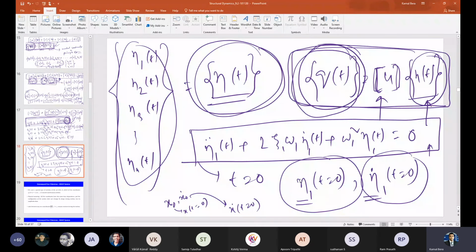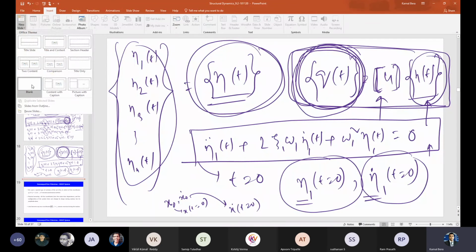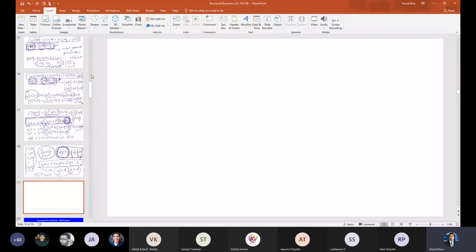So your initial condition will be specified on the actual physical coordinate, that is q(t). Understood? From that you have to find the initial condition in your modal coordinate, or principal coordinate.